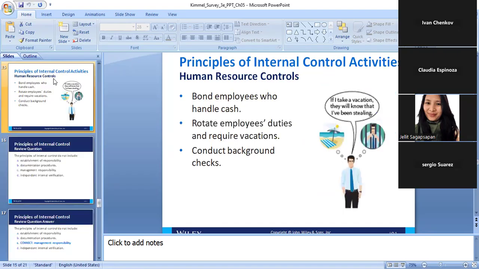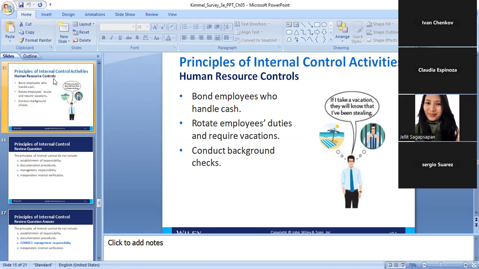Then we're going to have the human resource control, which will be related to the employees' duties, background check of the employee, and making sure that they're taking their vacation, that they have to take vacation, and everything that they have to do in order to make sure that they're not realizing the opportunity that may happen.